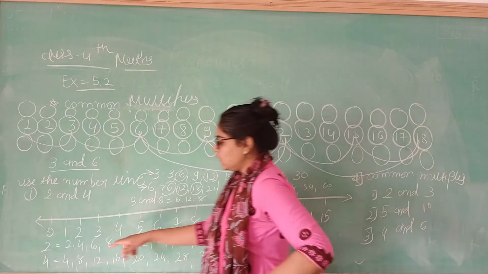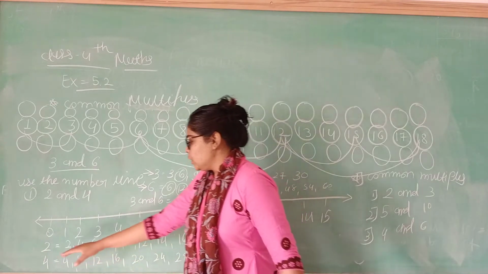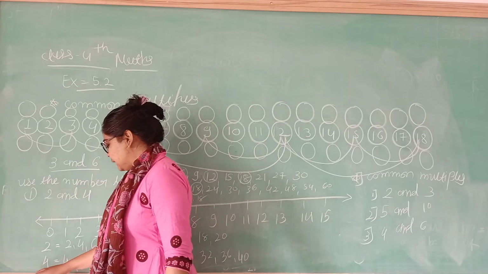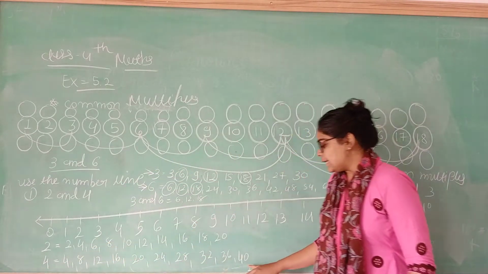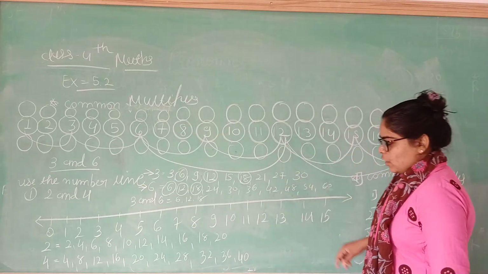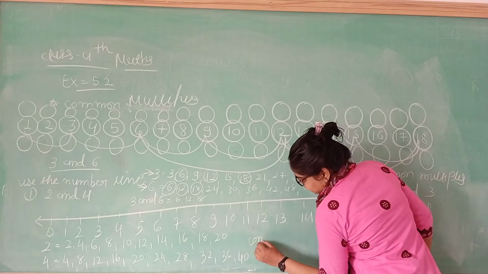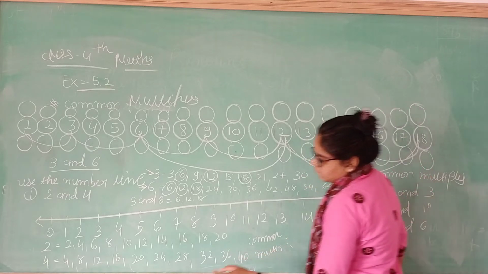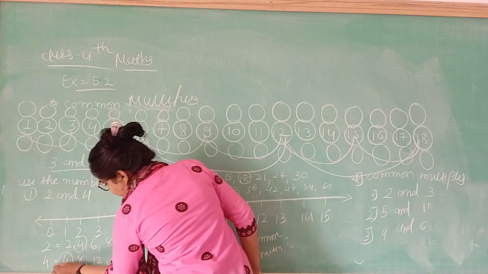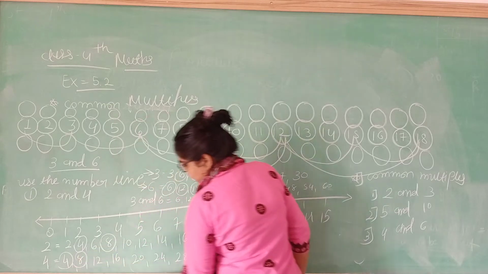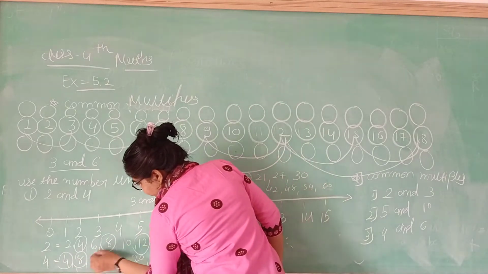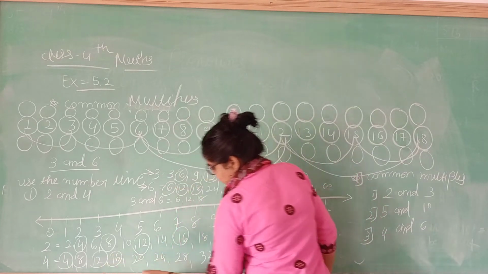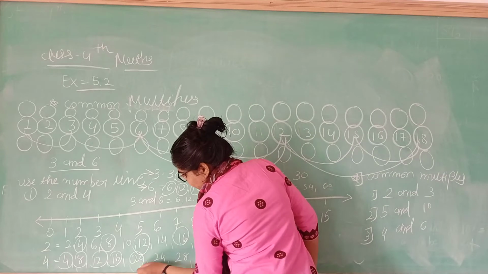This one is the 2's multiples, 2 ones up to 2 tens. Then after, 4 multiples, 4 ones to 4 tens. Then common multiples. Which numbers are common in both? 4, then 8, then 12, 16, then 20.